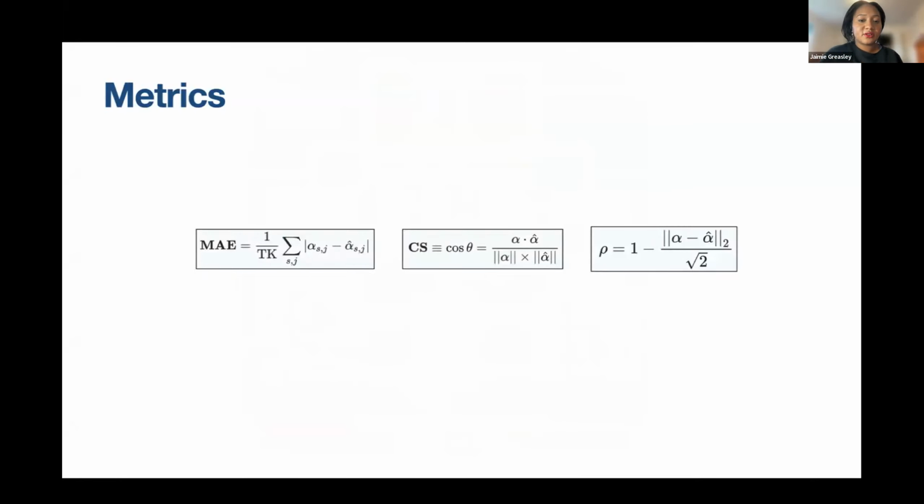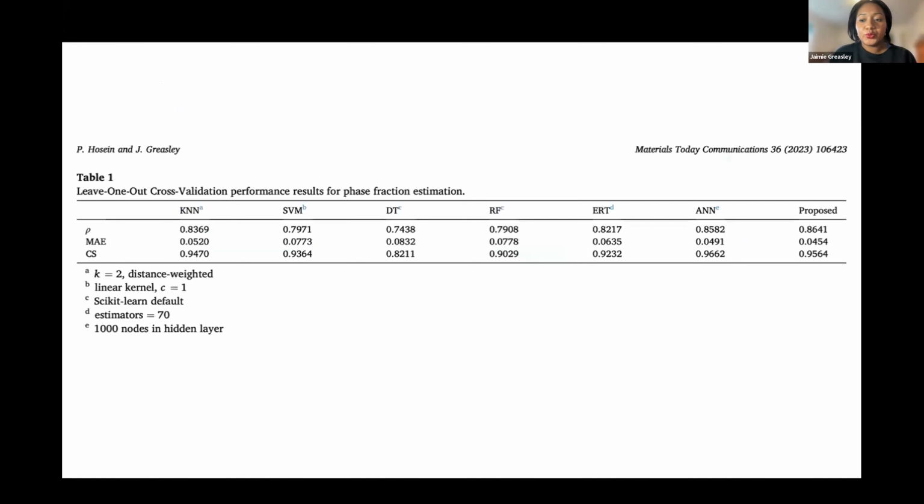Just going into metrics now. For metrics, it's the same as before with regression. And what we did find is that the proposed model did better than the others. Cool, fun, right? It also trained well, in a short amount of time compared with other things.